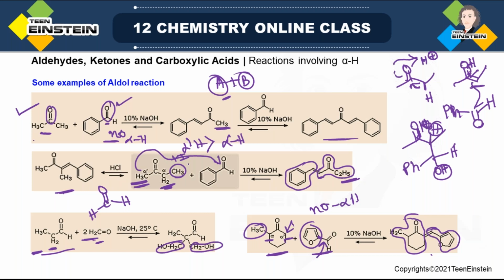But if you restrict the condition so that only one molecule has alpha hydrogen, not the other, then you are bound to generate a carbanion only in that molecule which has alpha hydrogen. So now there will be only one carbanion and it will obviously attack the other one.